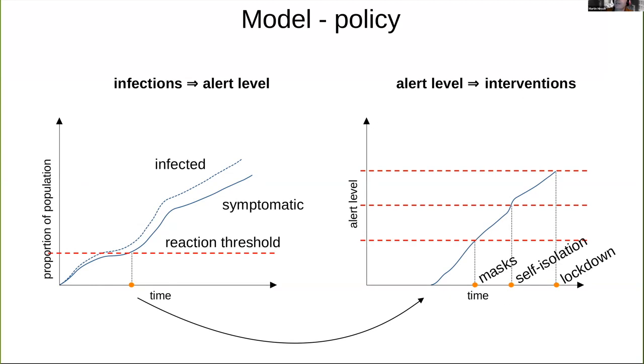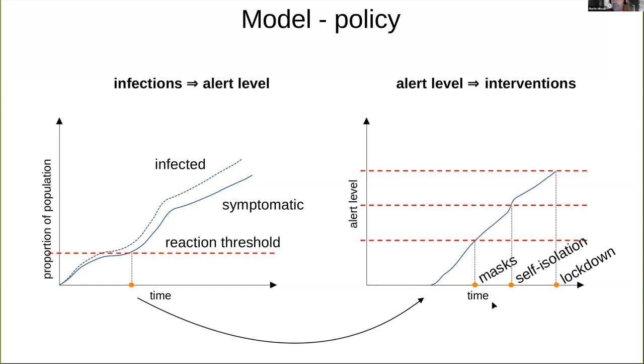And so the number of symptomatic individuals in the population is monitored, and if it goes above a certain reaction threshold, then the alert level increases by a set amount. And if the alert level that develops over time breaks preset thresholds, then policies are implemented.